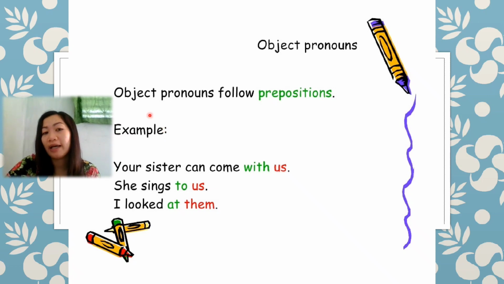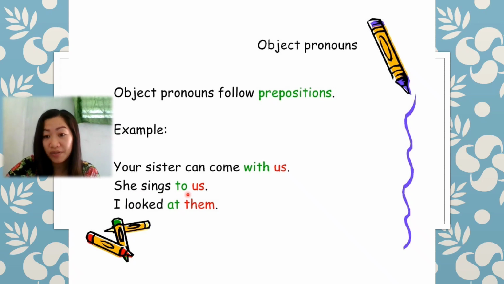When the object pronoun is followed by a preposition. Your sister can come with us. With is the preposition of the sentence. Us is the object of the sentence. Next, she sings to us.